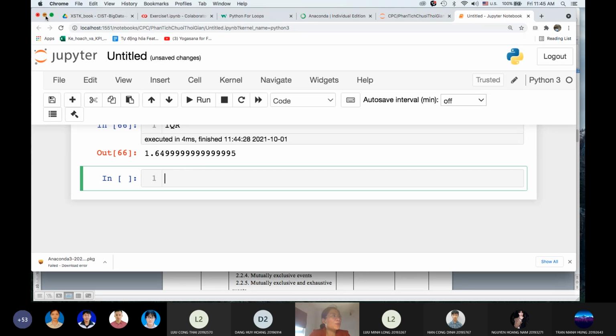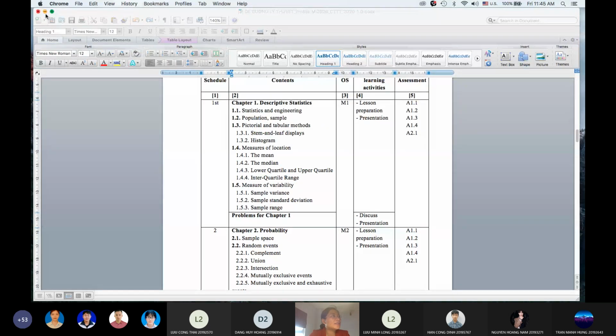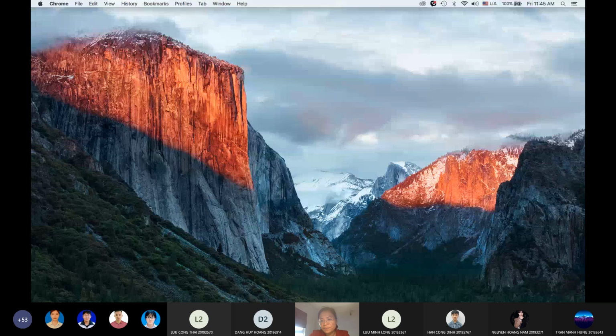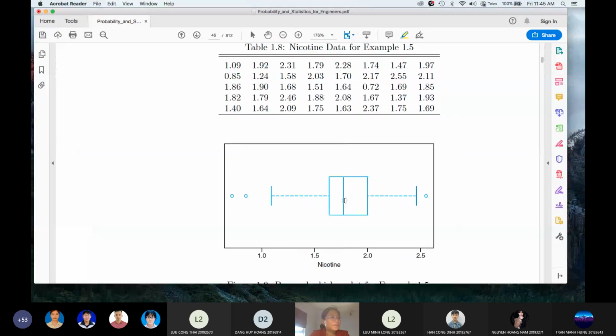How do people find the outlier? They consider this point: the lower quantile minus 1.5 times IQR.